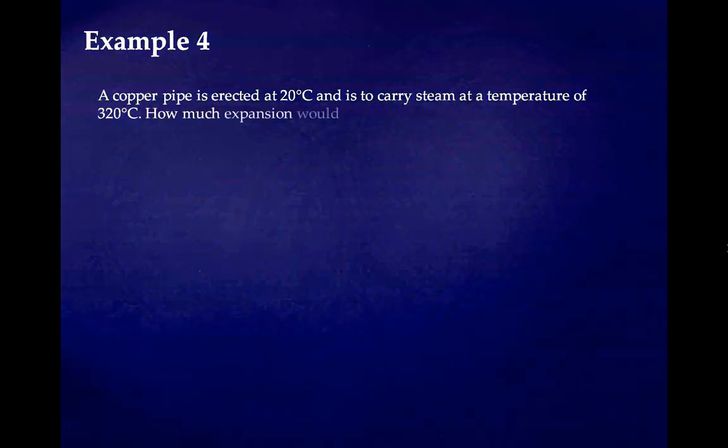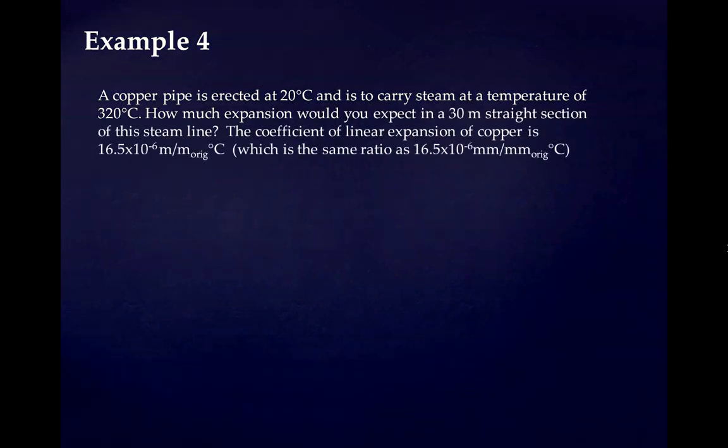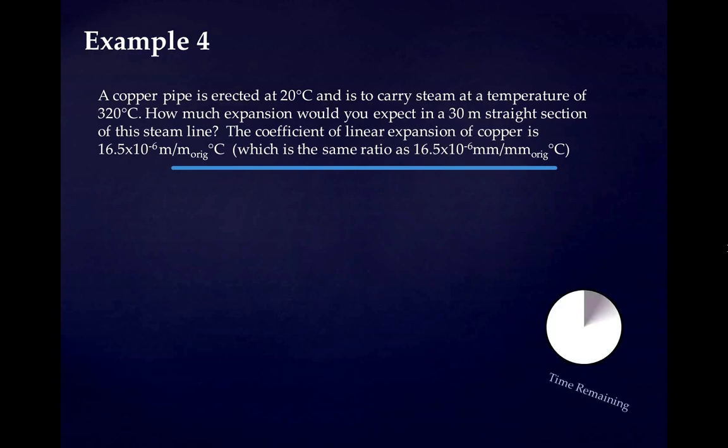Example 4. A copper pipe is erected at 20 degrees Celsius and is to carry steam at a temperature of 320 degrees Celsius. How much expansion would you expect in a 30-meter straight section of this steam line? The coefficient of linear expansion of copper is 16.5 times 10 to the negative 6 meters per meter per degree Celsius, which is the same ratio as 16.5 times 10 to the negative 6 millimeters per degree Celsius.